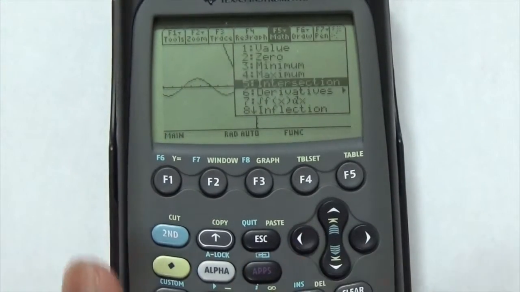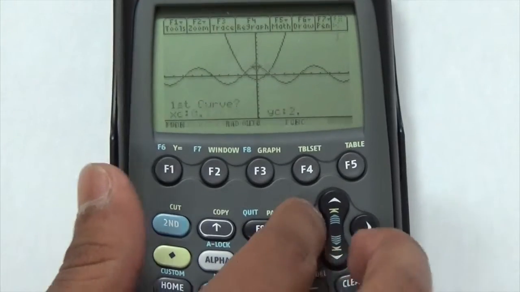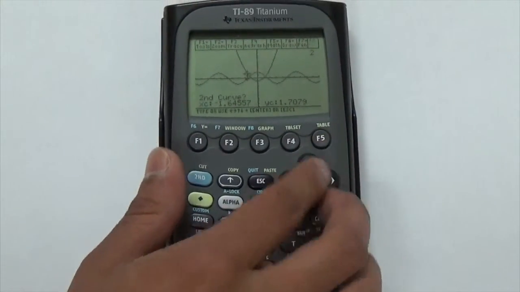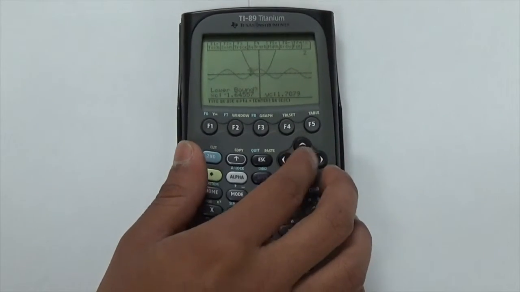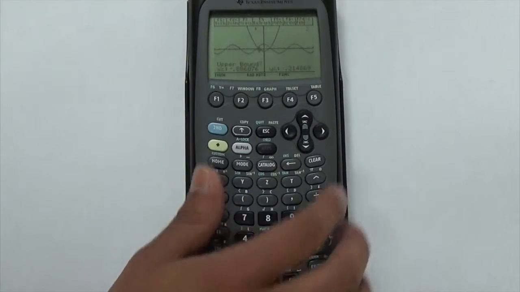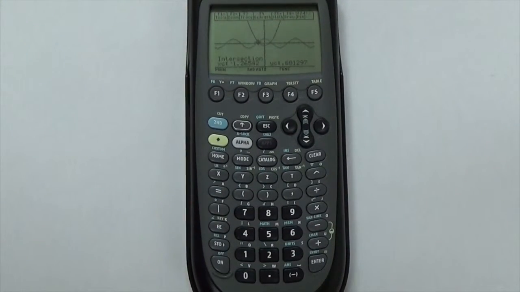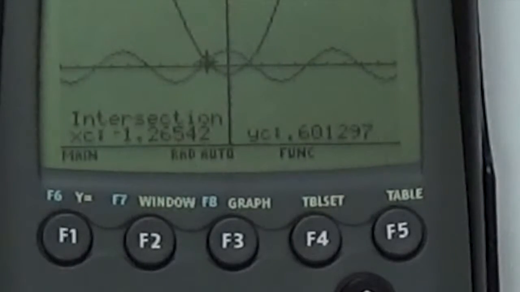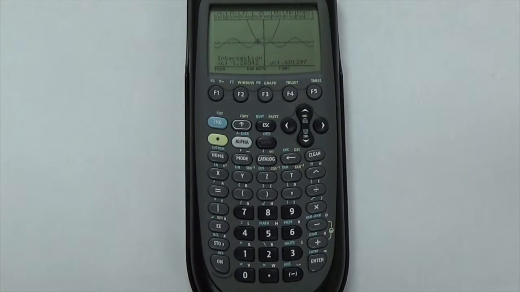We can find the intersection between our two graphs by simply finding the limits on our first curve and on our second curve, finding the lower bound, and finding the upper bound. So now we see our intersection is at negative 1.265. Now, since I know that these graphs are both symmetrical, on the positive side, there's going to be a 1.265 intersection there as well.